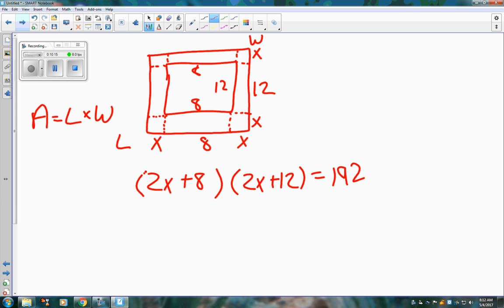When I'm doing this, I have to make sure everything is set equal to 0. So for this problem, I'm going to distribute my factors. So I get 4x squared plus 24x plus 16x plus 96, right? 8 times 12, 96, equals 192.